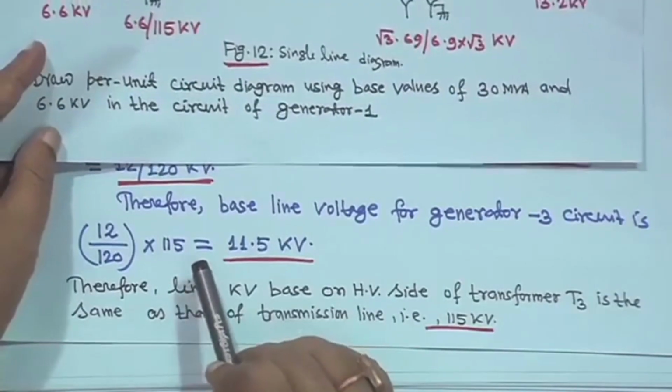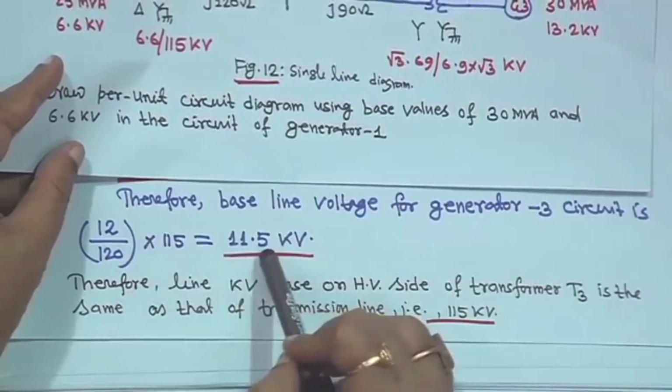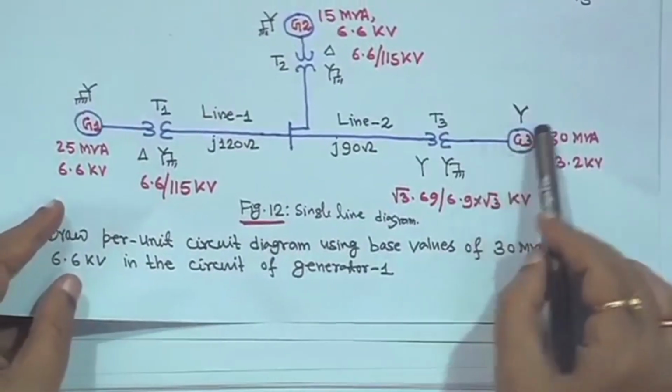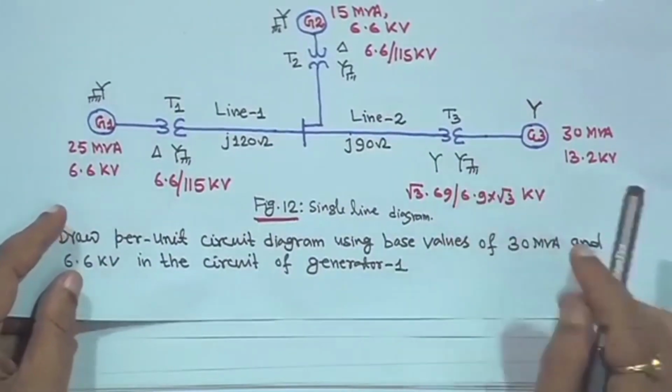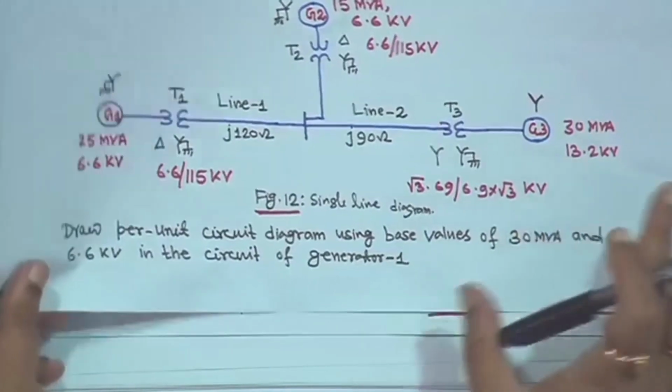Therefore, this side voltage will be 12 by 120 into 115, so 11.5 kV, right. So that is your base voltage on this side. This way you have to transform and make things correctly, right. I hope you have understood this, right.